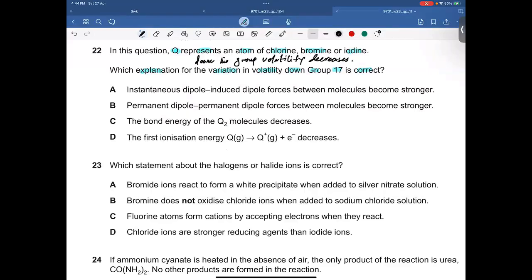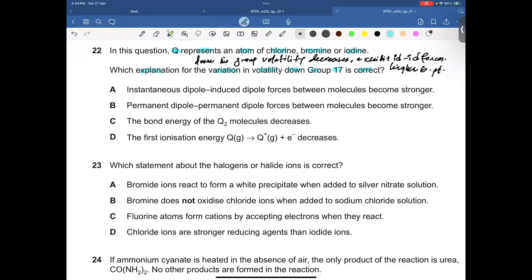They exhibit instantaneous dipole, induced dipole forces, and a higher boiling point.